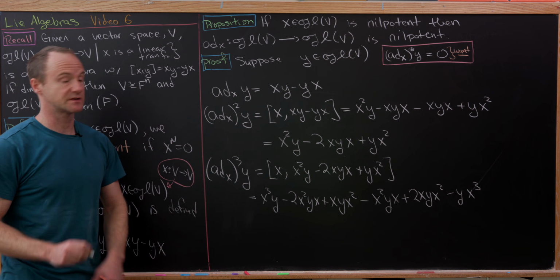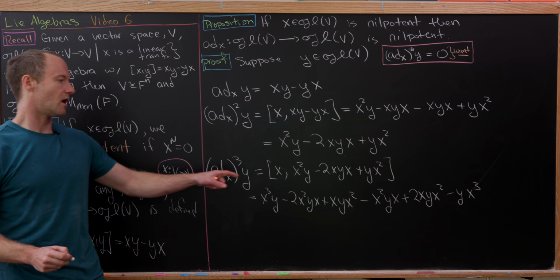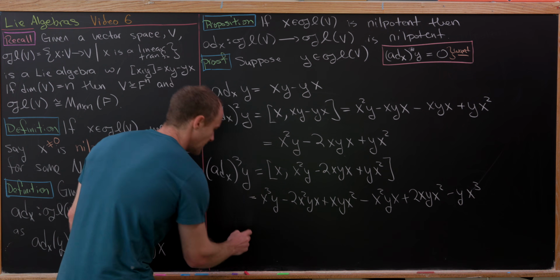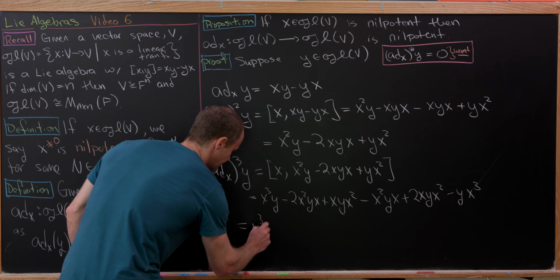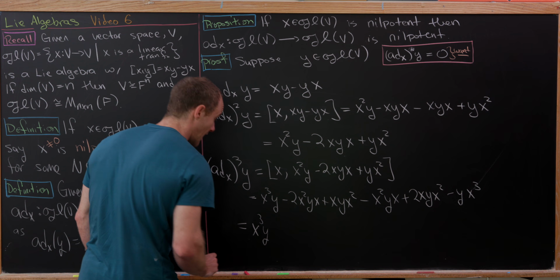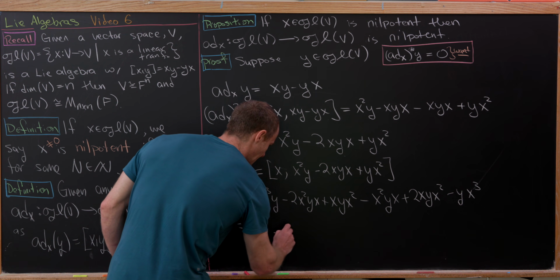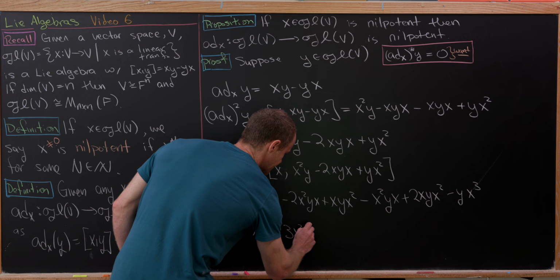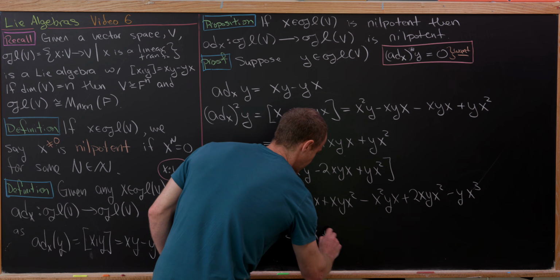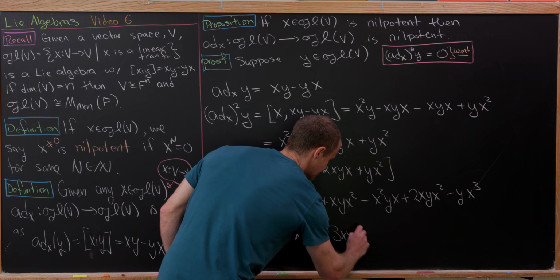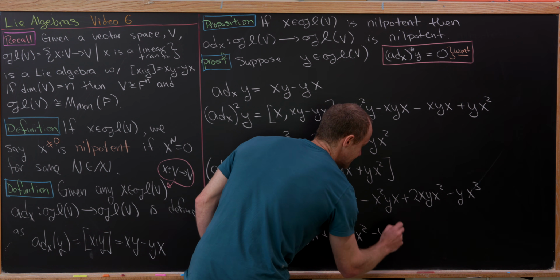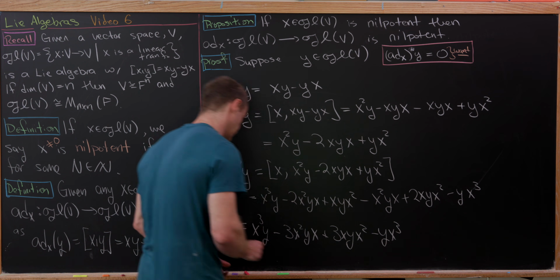All of those are from subtracting the multiplication on the right by x. But now let's combine like terms and note that we have x cubed y, and then minus 3x squared yx, and then plus 3xyx squared, and then minus yx cubed.